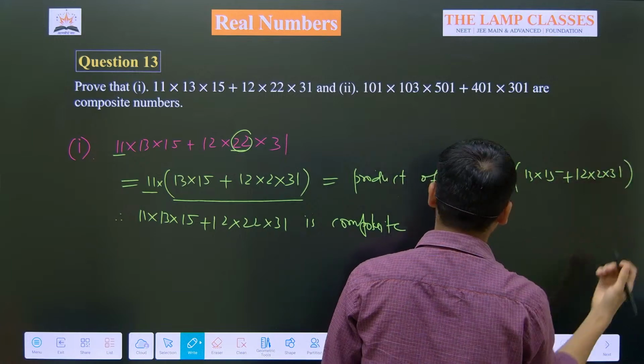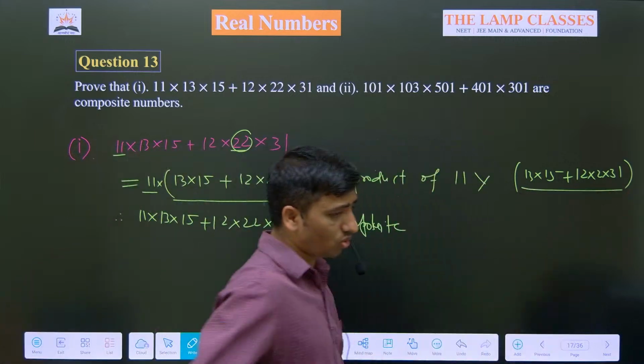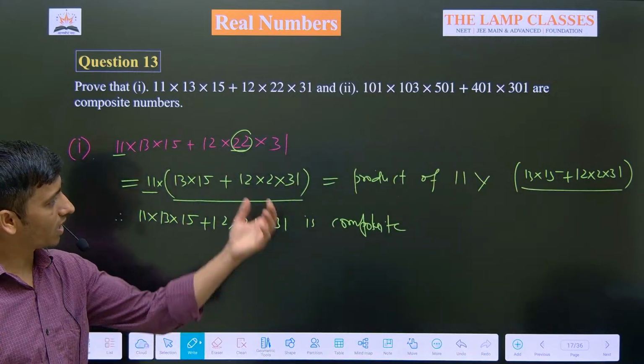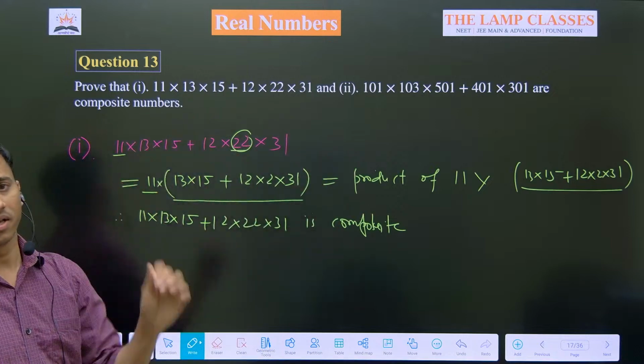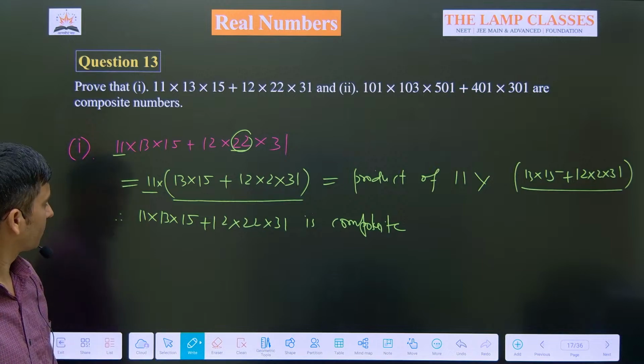We don't have to simplify. I have seen some students simplify this number as well, but it is not required. You just have to write that number. You just have to see that it's a product of two natural numbers, and none of them is 1.